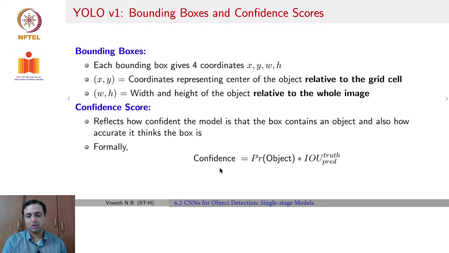So you could view the confidence to be the probability of an object, any object. At this point, you do not know which class it belongs to, so it's just the probability of an object, into the intersection over union of the ground truth with the predicted box. So confidence takes into account both of these quantities.